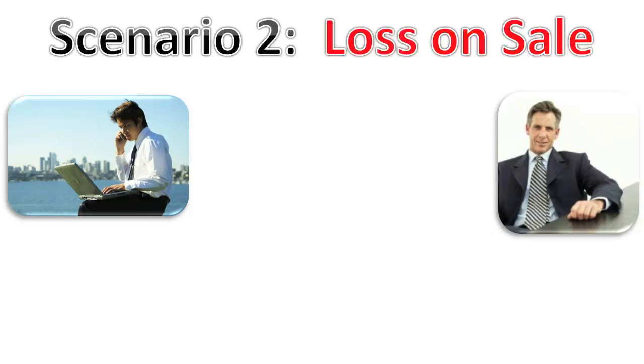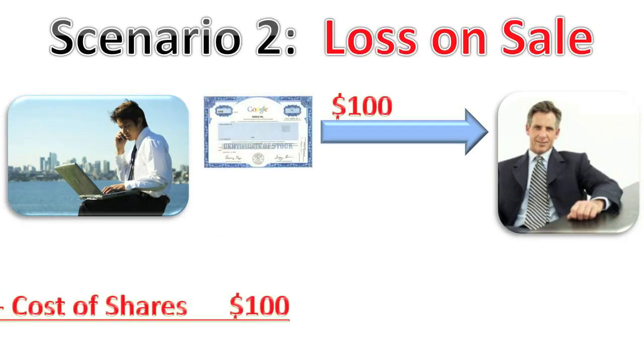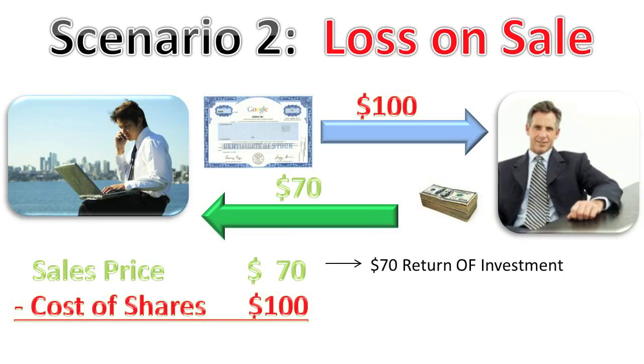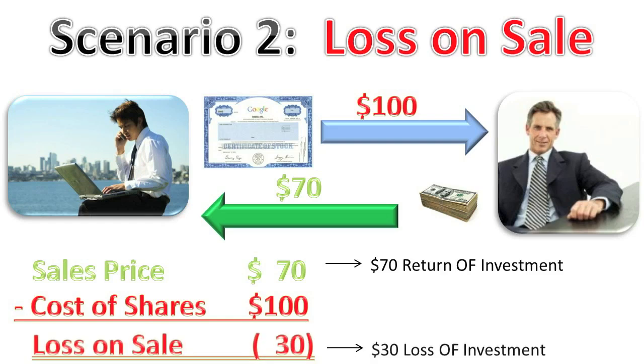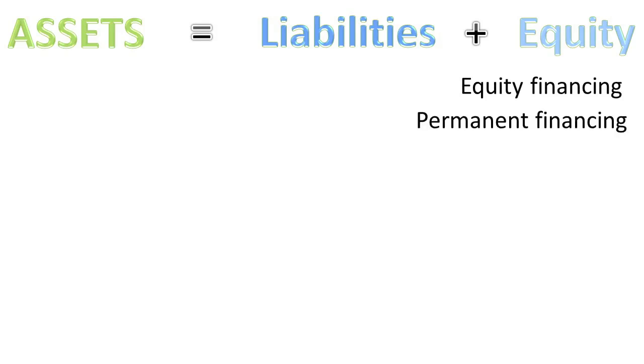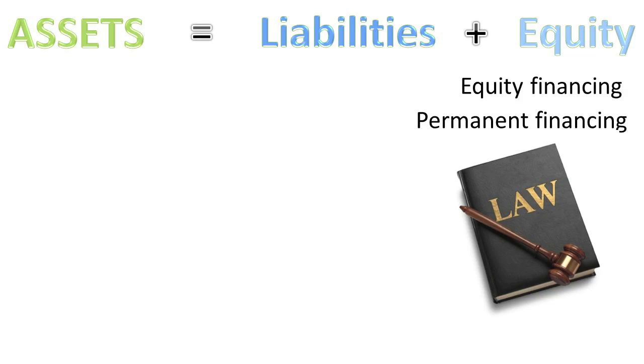Watch out though, if Bill sold his $100 share for only $70, he would only receive a $70 return of his investment and would incur a $30 loss of his investment. Equity financing is also known as permanent financing because there is usually no specific time frame when the companies are legally obligated to pay back the owner's original investment.